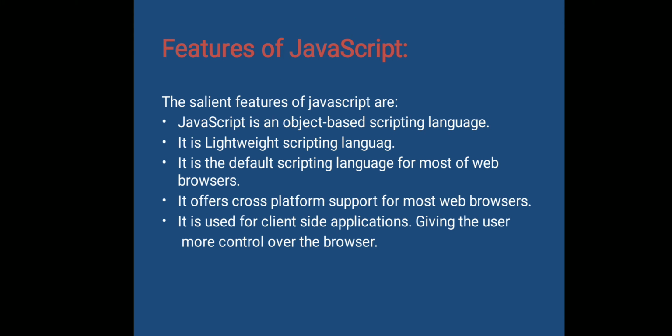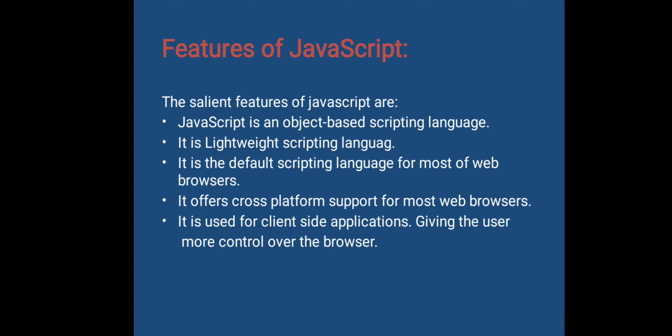Why JavaScript? The features of JavaScript are: it is an object based scripting language. Already you know what is an object. Object is a collection of data and functions that operate on the data.